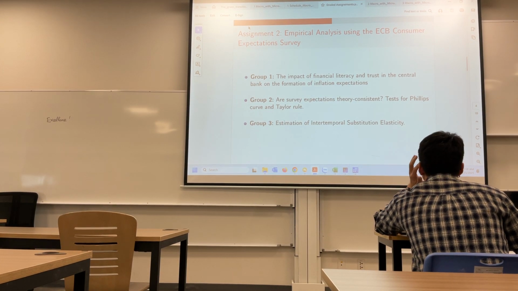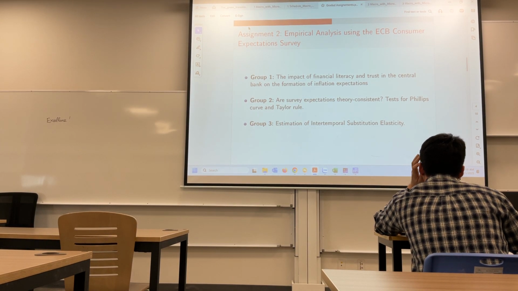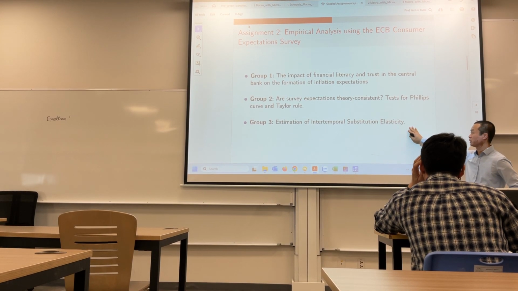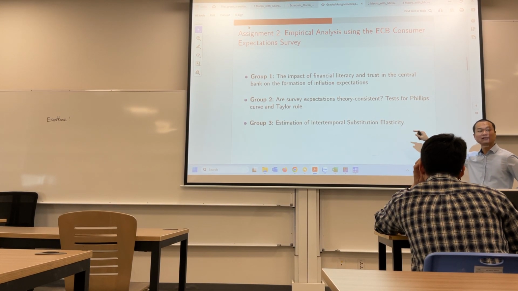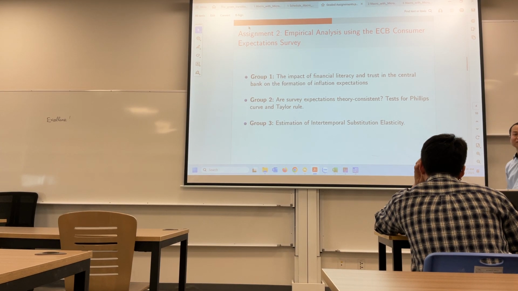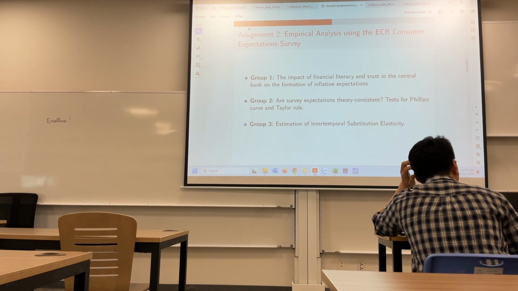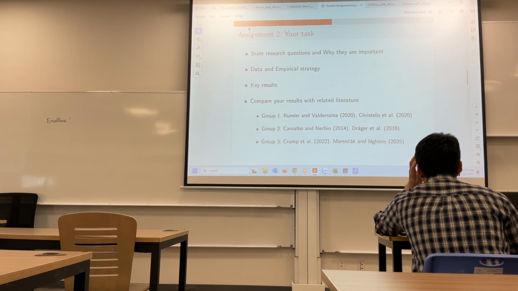Okay? And the last one, we estimate the intertemporal substitution in the survey. That is the parameter in the Euler equation. So, 3 groups.